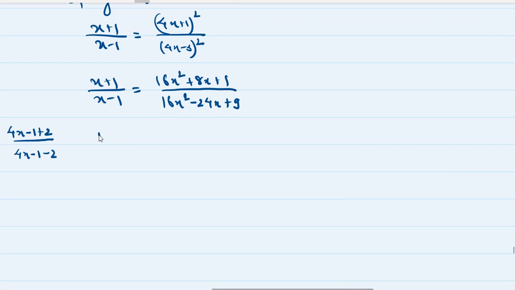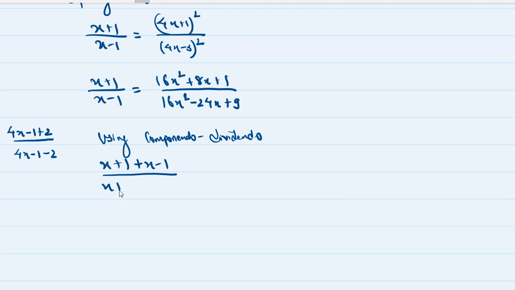Okay. I'm again using componendo dividendo because I believe that's going to be simplified that way. So x plus 1 plus x minus 1 upon x plus 1 minus x plus 1.